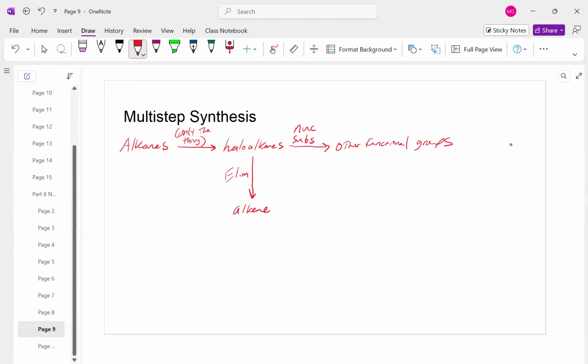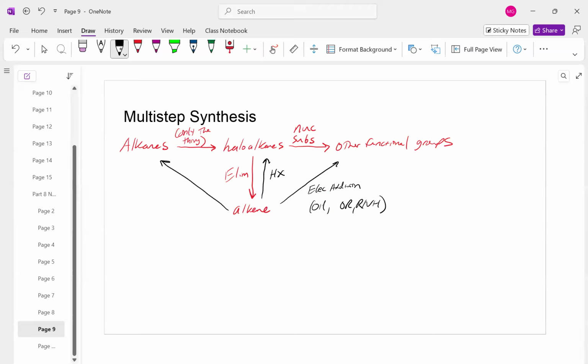And that's where we're at in this chapter now, because we can take that alkene and do an electrophilic addition of, say, HX and make a haloalkane. We did some reactions where we took alkenes and did electrophilic additions, like with OH or OR or even amines, and make other functional groups out of that alkene.